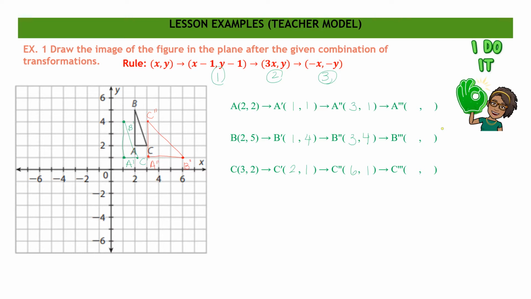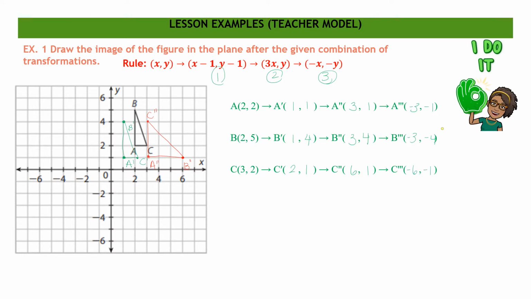This last transformation is a rotation about the origin by 180 degrees. This transformation tells us that we take our previous points and take the opposites of our x and y. So the opposite of positive 3 is negative 3, and the opposite of 1 is negative 1. And then here we have (-3, -4), (-6, -1).